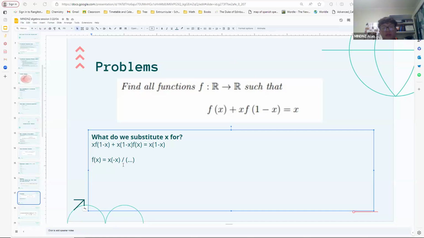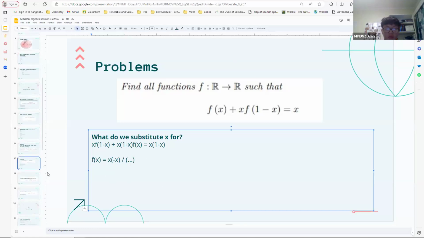You wouldn't, right? Because there might be values of x such that f of x is not defined. And then you would have to do some casework to find those values. But that takes a bit too long, so I'm just going to move on to the next problem.